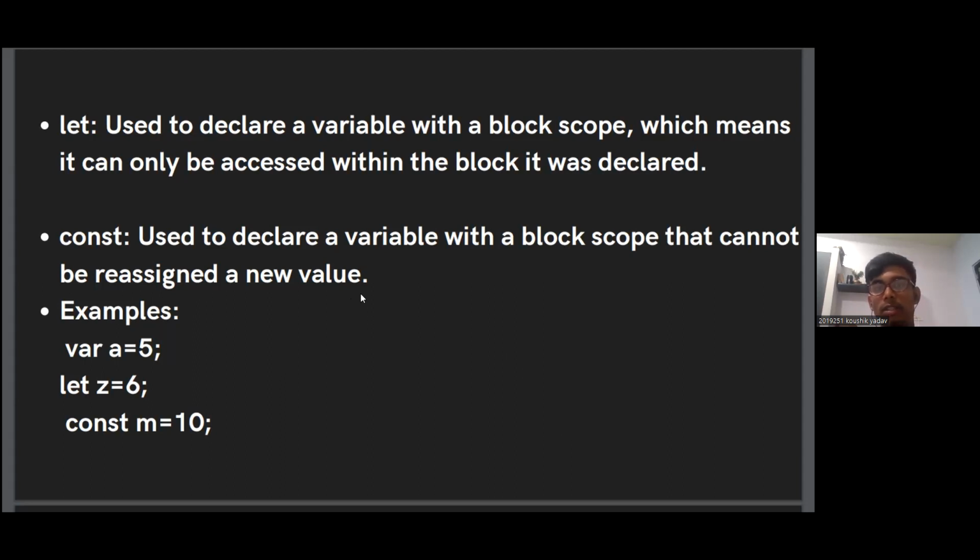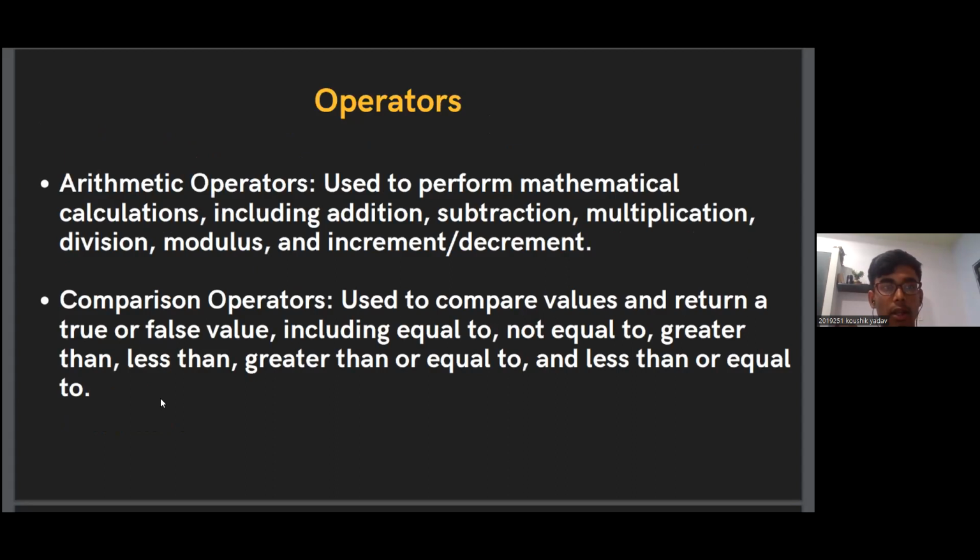We cannot change the old value to a new value because const keeps it constant. Here is an example: var a is equal to 5, let z is equal to 6, and const m is equal to 10.